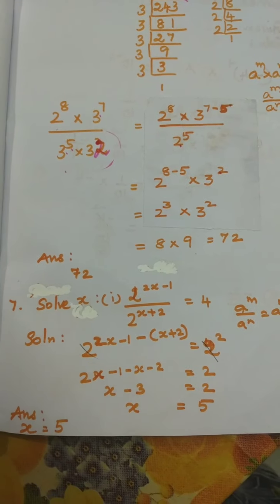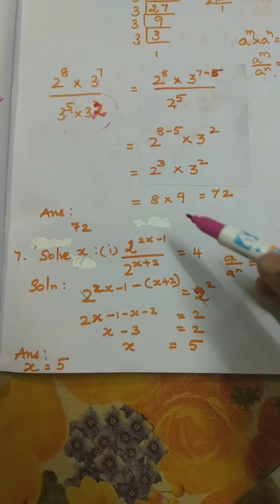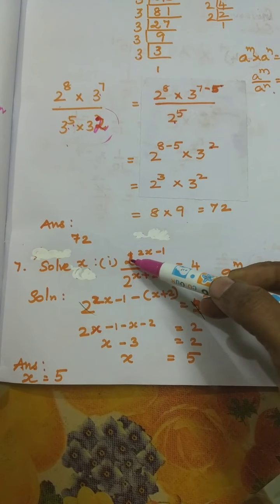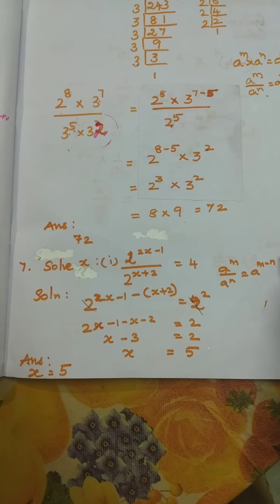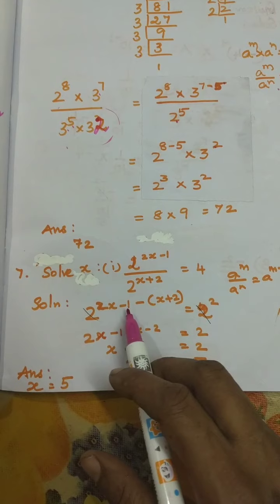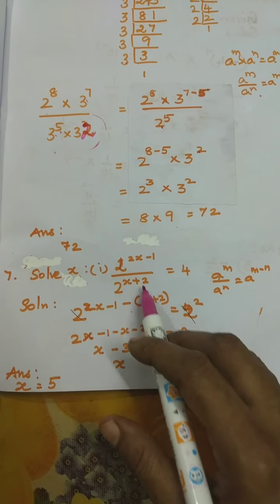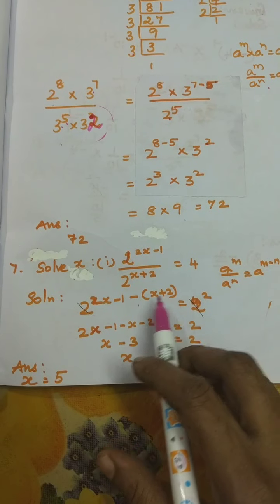Then the seventh problem. Solve for x. You have to find the value of x. Here the bases are same. So you can use this formula, a power m by a power n equal to a power m minus n. So 2 power 2x minus 1 minus x plus 2. You remove the bracket by applying the minus.